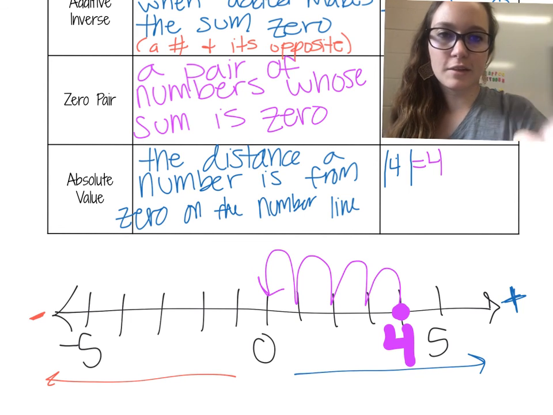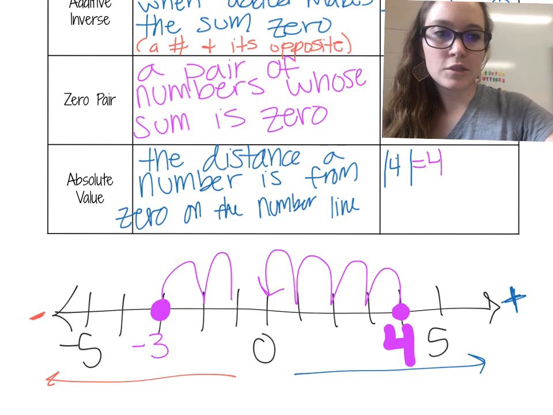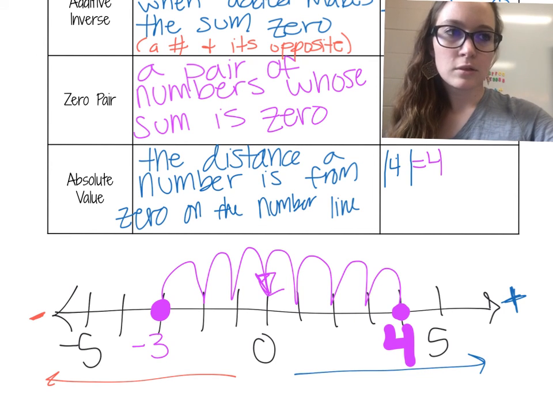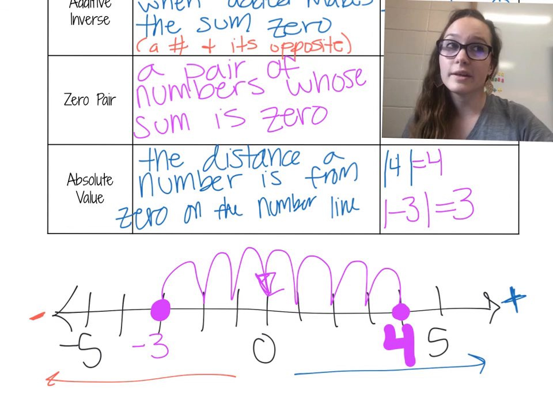What if it's a negative? Let's start at negative 3. It takes 1, 2, 3 hops to get to 0. So the absolute value of negative 3 is 3. So the absolute value is always positive.